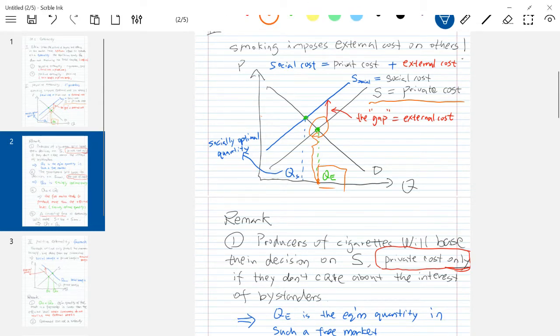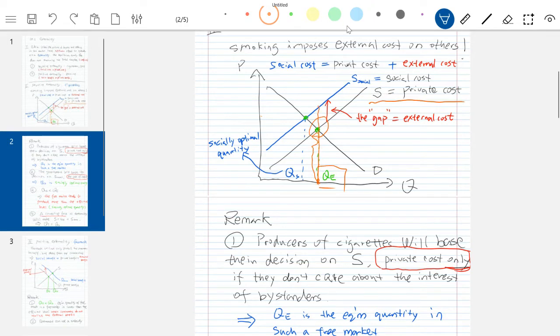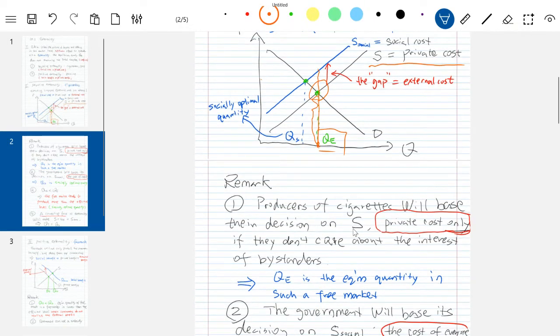It reflects the supply curve that reflects the social cost. And social cost, by definition, is private cost plus external cost. Since clearly the social cost of producing those cigarettes is higher than the benefit of consuming them, and when cost is greater than benefit, the market really should produce a lesser amount. Therefore, QE will be inefficient.